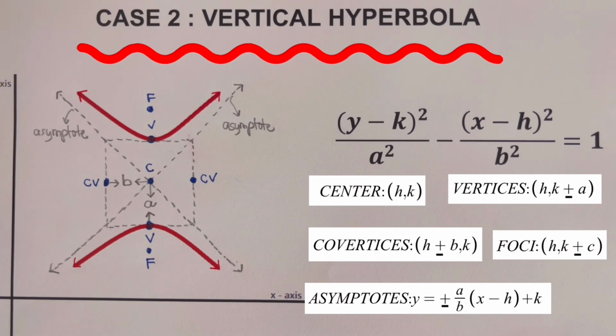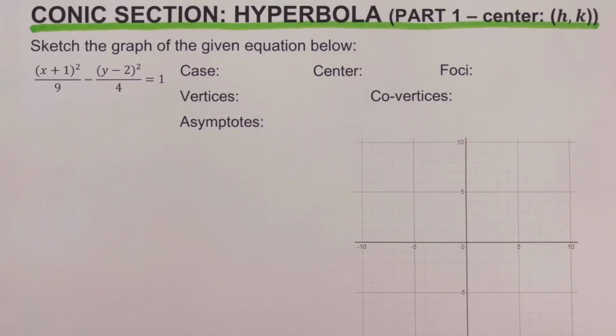These are the two cases for hyperbola. The first case is the horizontal hyperbola, while the second case is the vertical hyperbola. Okay, going back to the example that we have right here, if you notice, the positive quantity that we have here is the quantity (x plus 1) squared over 9. Again, that's the positive quantity.